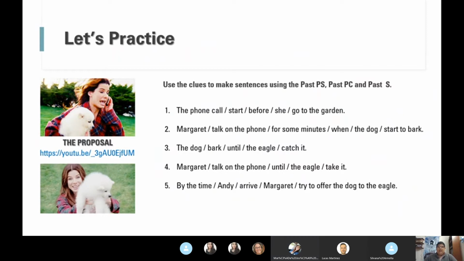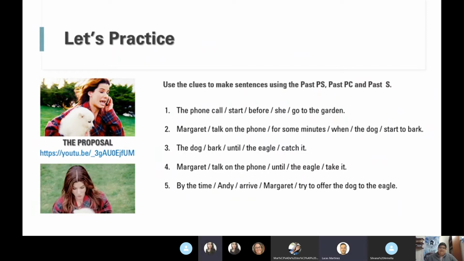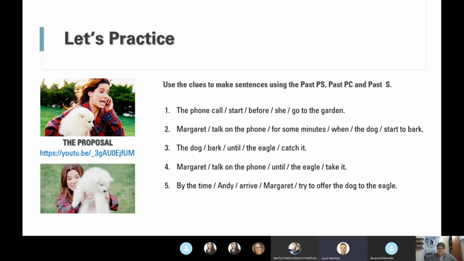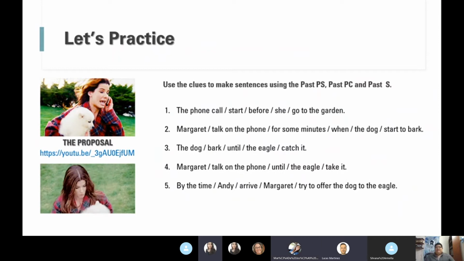And the last one. By the time Andy arrived, Margaret tried to offer the dog to the eagle. By the time Andy had arrived, Margaret tried to offer the dog to the eagle. No. Margaret had tried.